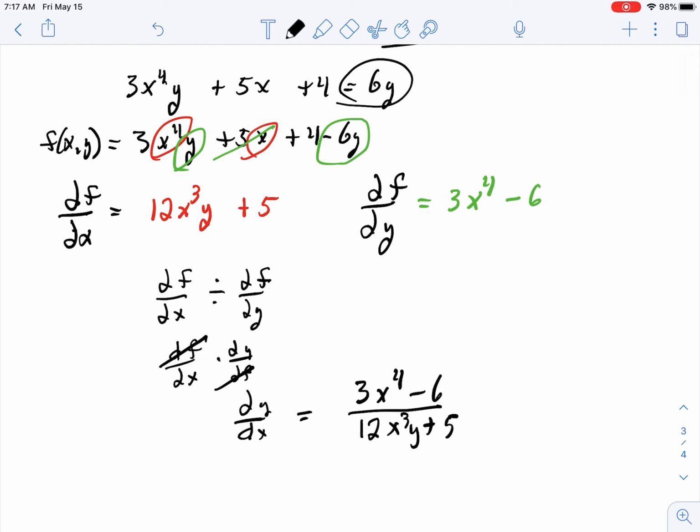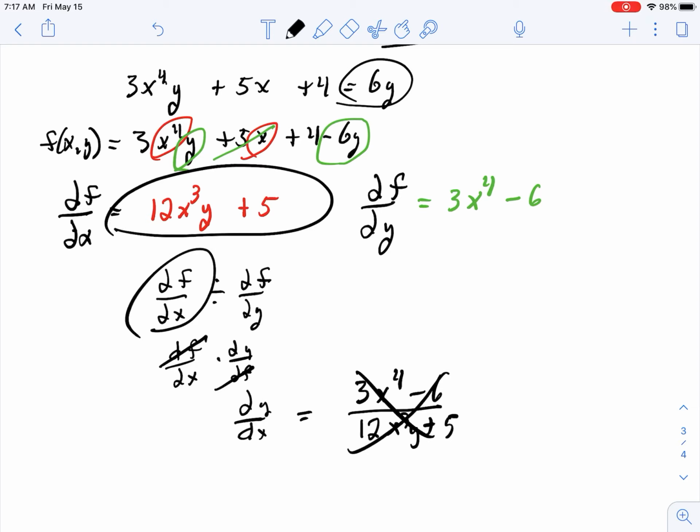Whoops, I got them backwards. Yep, I need to start with this, right? I got it backwards. So 12x cubed y plus 5, there we go, over 3x to the fourth minus 6.